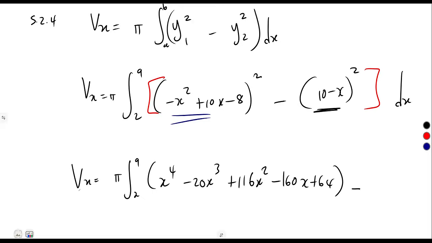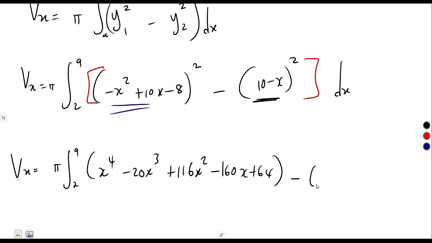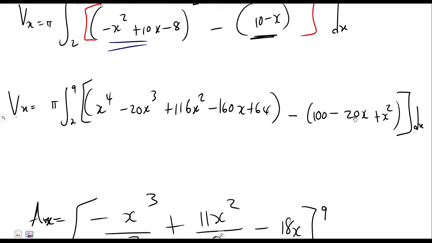Minus, you expand this one, that is simply going to give us 100 minus 20x plus x squared. That is from your expansion of brackets.